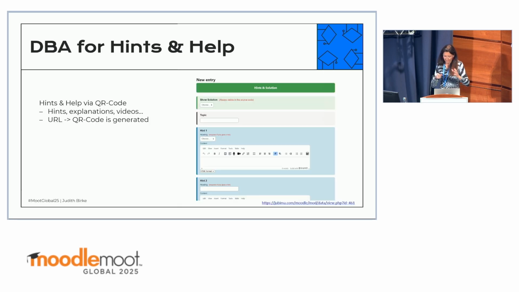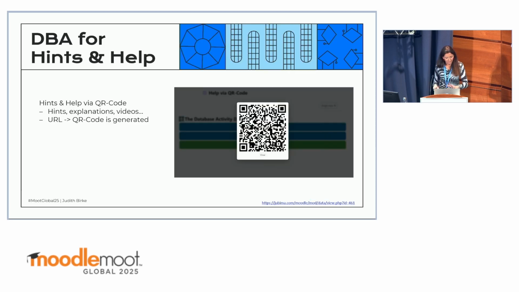So what you do with this preset or with this database activity, you as a trainer, teacher, you enter the information like the video that you would like to provide. You decide if you should have a solution or not. And then, it's a pity I can't show you live, in the database activity the QR code is created automatically for you.